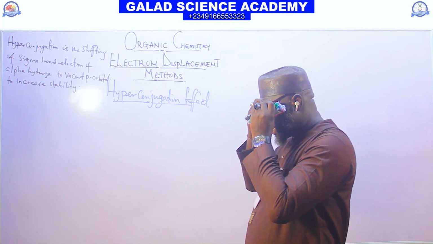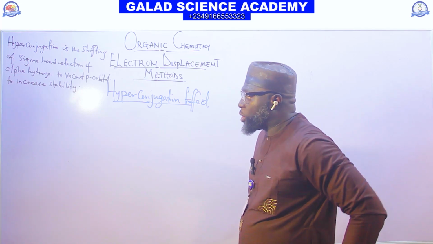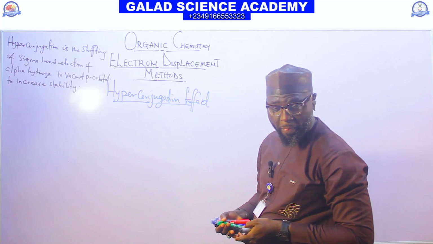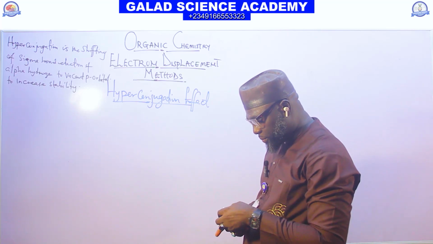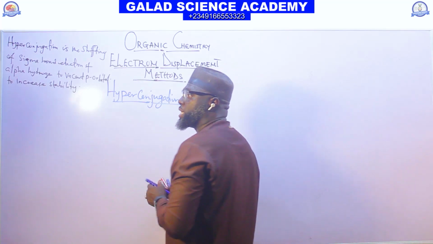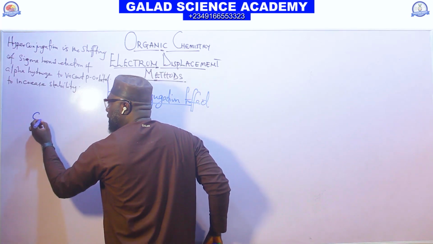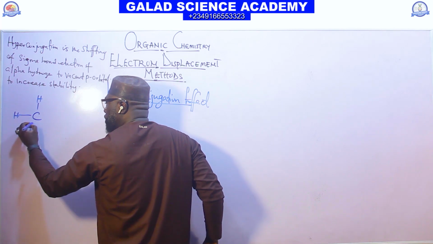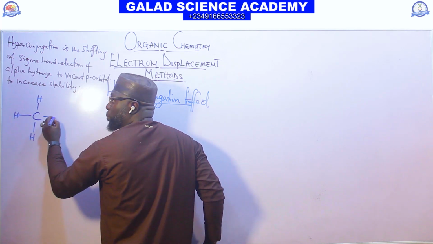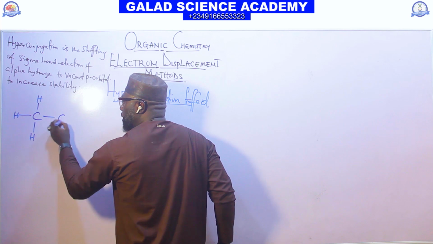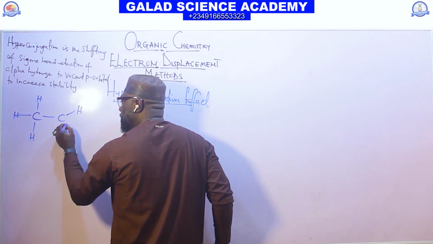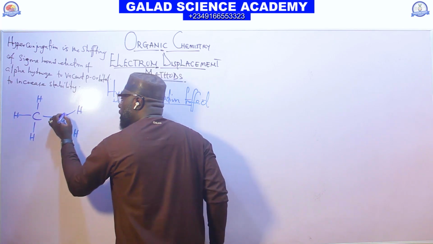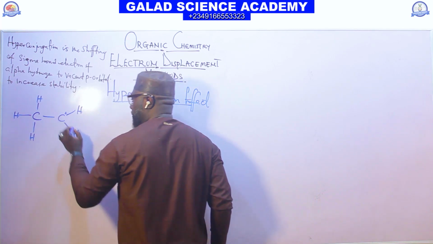Take, for example, now, thank God I've explained the alpha hydrogen for you. Take this compound. If you have a compound like this, carbon with hydrogen, hydrogen, hydrogen, bonded to another carbon. Note that this carbon here will have a positive charge.